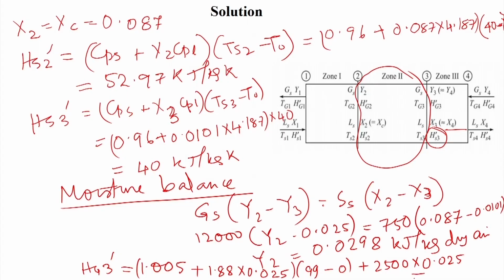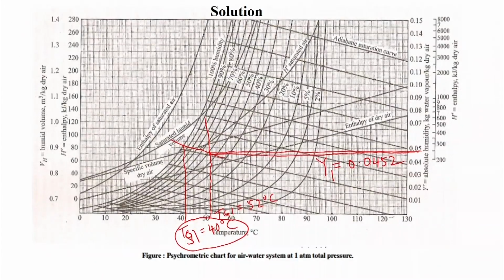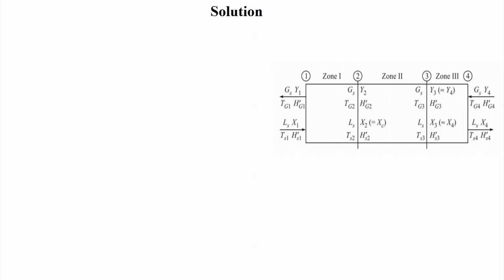So, that is coming out as 166.8 kilojoule per kg Kelvin. So, now we need to get this Tg2, we do not have this Tg2 value, we will be calculating this one. So, we will be doing the enthalpy balance.